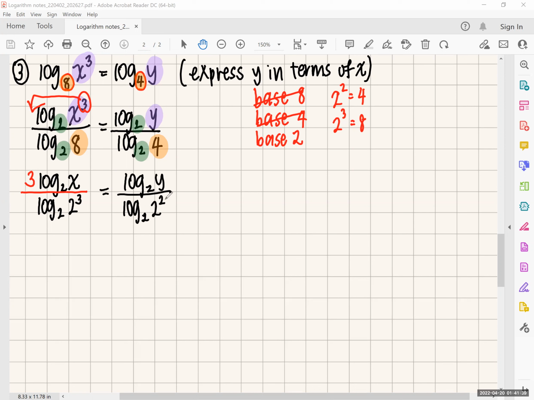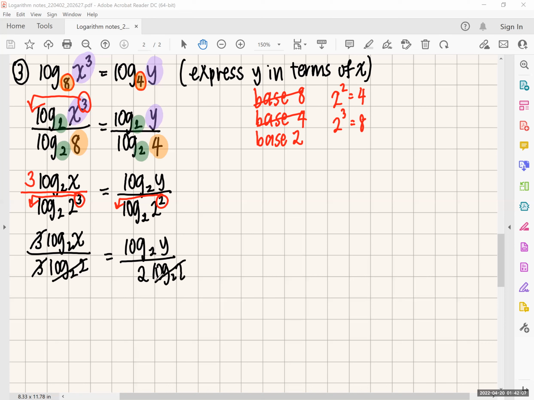So same thing, power bring down, power bring down. So at the end of the day, I'll have 3 log 2 x over 3 log 2. And do you notice that log 2 2 is equivalent to 1? Then I can cancel this 3 with this 3. It is equal to log 2 y over, bring down the 2, and log 2 2 is 1.